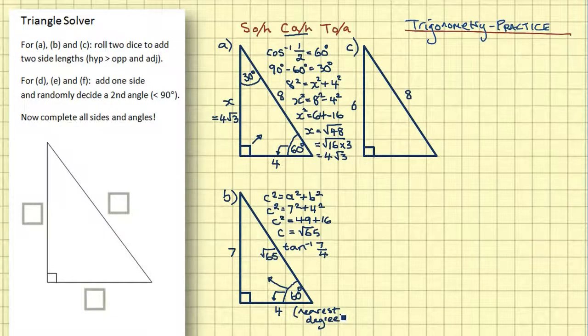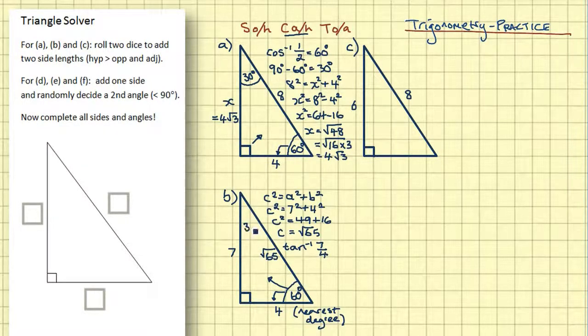Okay, and I'm going to just check what happens when I subtract from 90. 90 subtract 60.255 is going to give me, what's this? Okay, 29.74. So again, to the nearest degree, that's going to be 30.